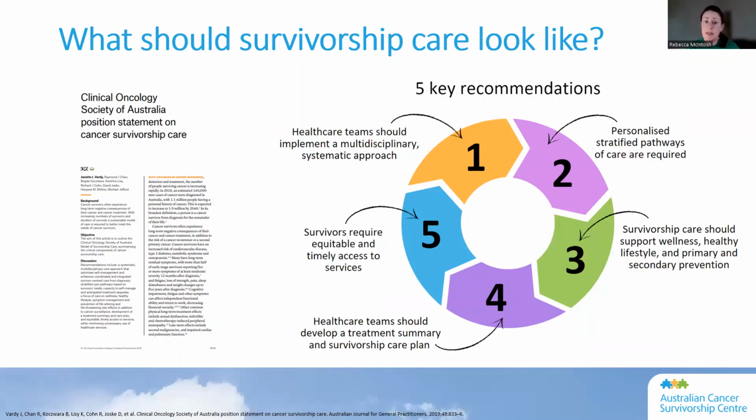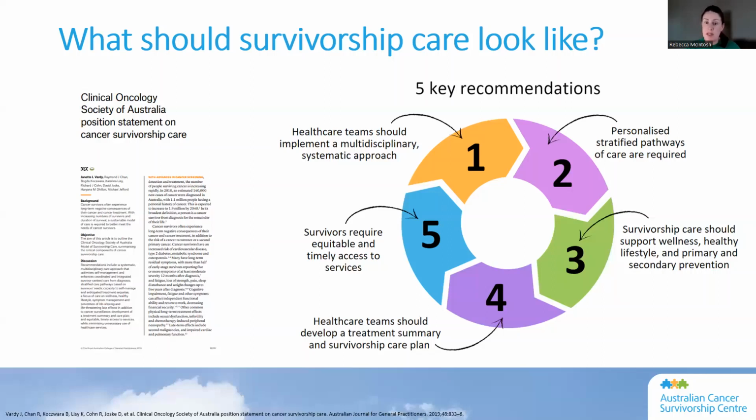In Australia, the survivorship care is guided by the Clinical Oncology Society of Australia, or COSA. In 2016, they released their model of survivorship care, and in 2019, a subsequent paper was published describing COSA's position statement on cancer survivorship care.